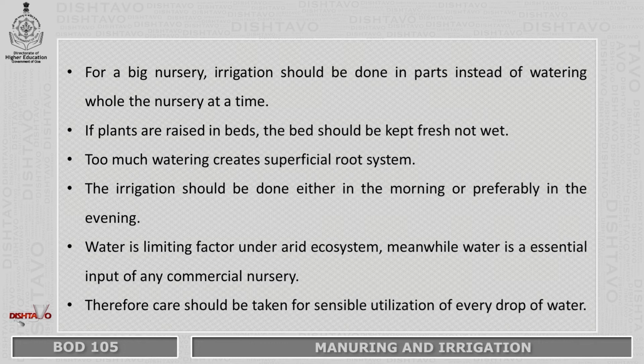Water is a limiting factor under arid ecosystem. Meanwhile, watering is an essential input of any commercial nursery. Therefore, care should be taken for sensible utilization of every drop of water.